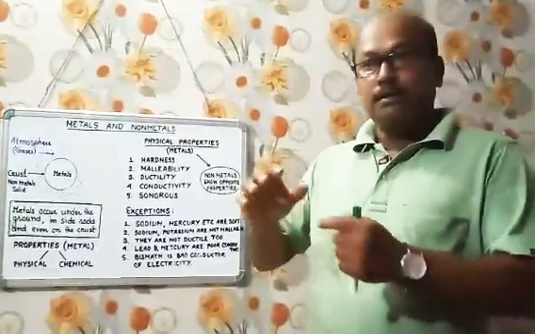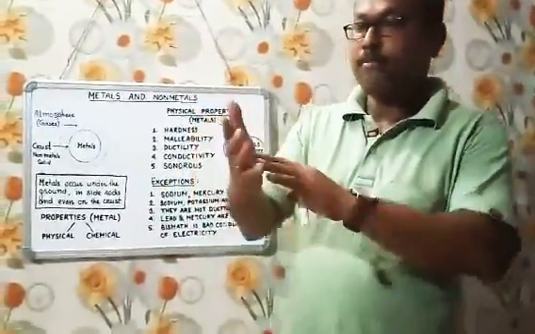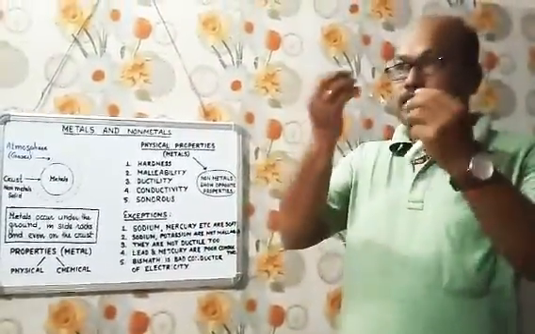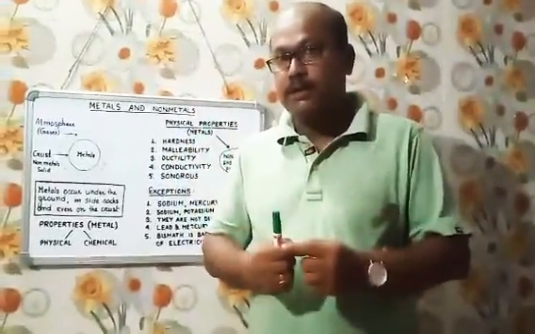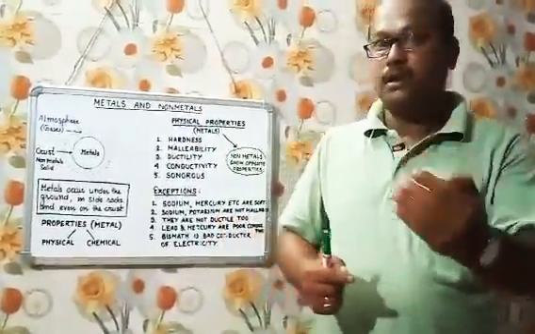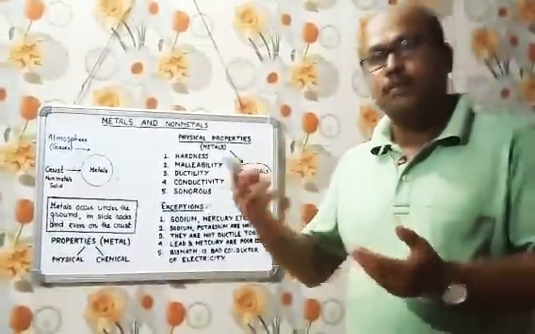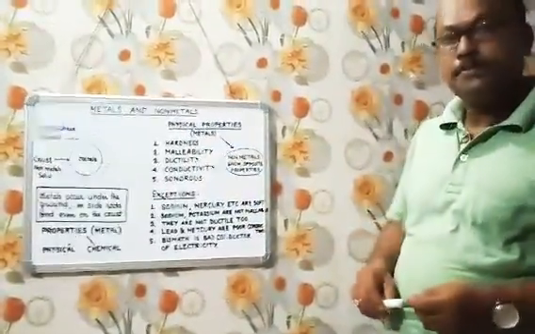We can feel whether some substance is hard or soft by touching, by our skin. So skin is a sense organ. Like smelling, that you use your nose, by looking, by your eyes, by hearing with your ears, etc. This type of properties can be called as the physical properties.